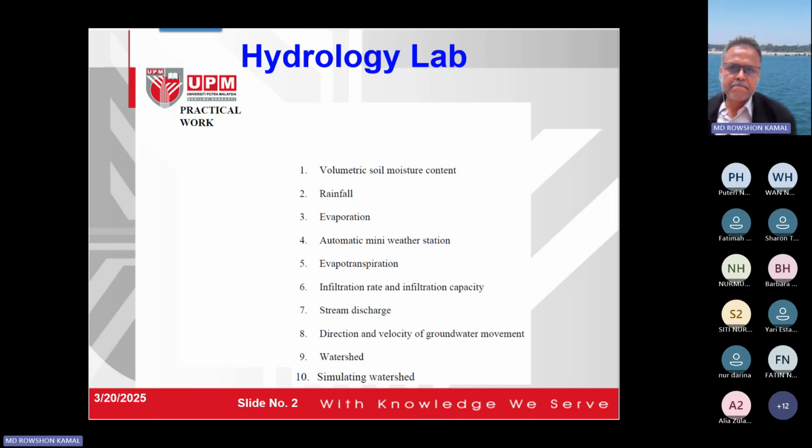And then we have rainfall, evaporation, then automatic mini weather station, evapotranspiration, infiltration, stream flow. Then this is groundwater, then watershed. Actually, all of this is the components of the hydrologic cycle.